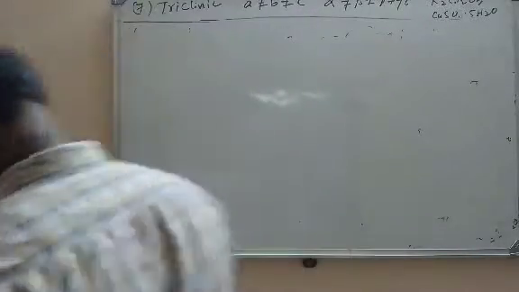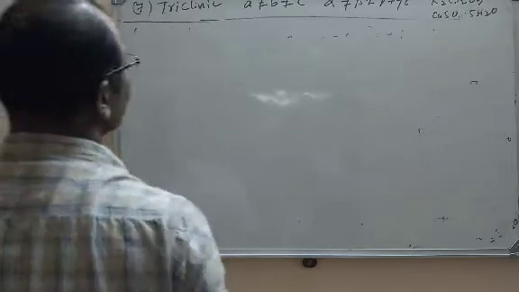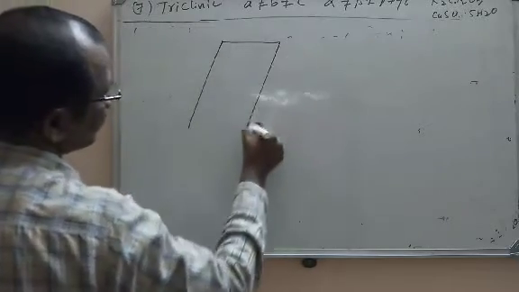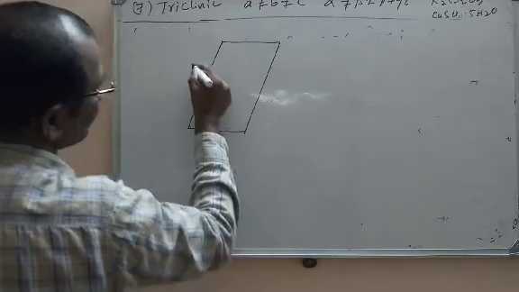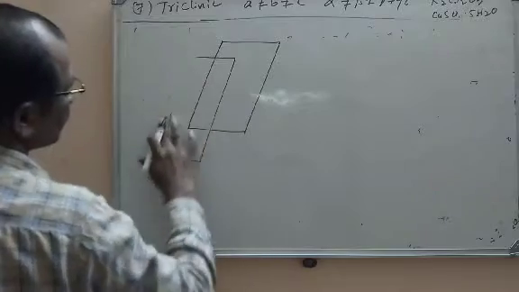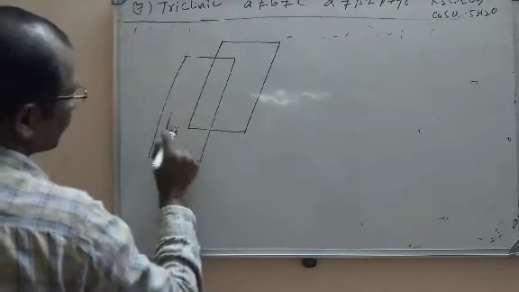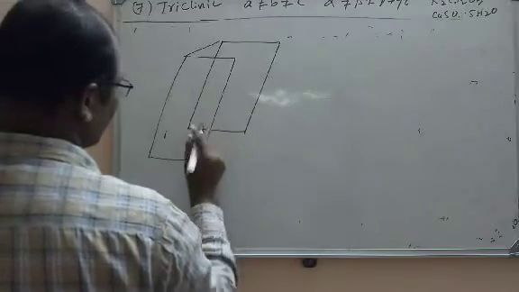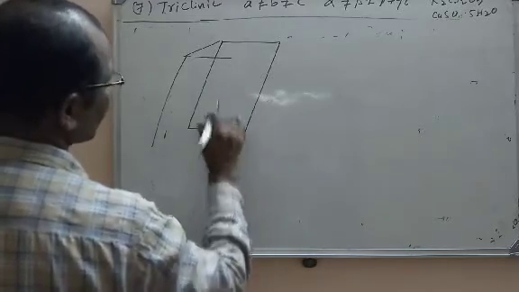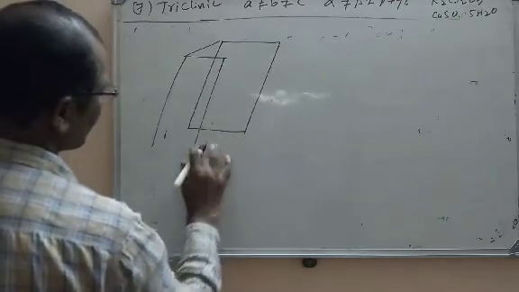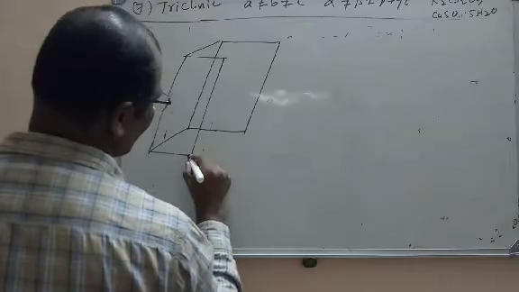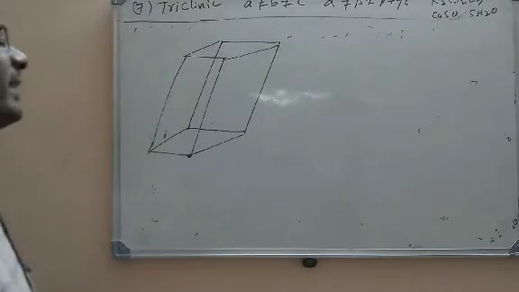Now let me try this triclinic. Only for our understanding, we are just trying to draw this structure. Triclinic will be of only one form. This is a triclinic system here.